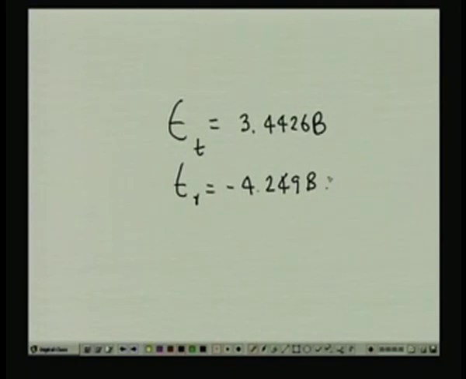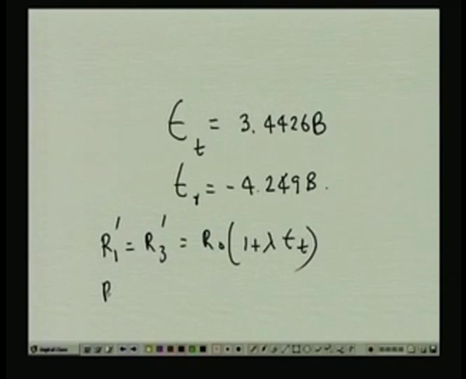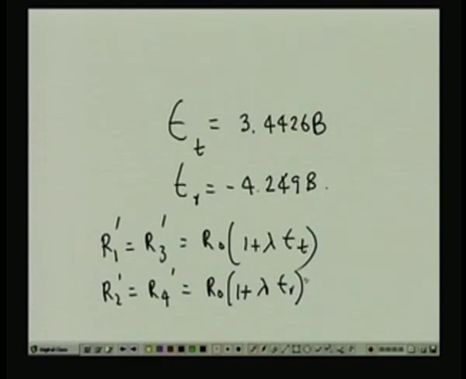Now, the gauge factor is equal to 2, and with the application of the pressure, I can say that the change of resistance R1 dash and R3 dash equal to R naught, the initial value of the resistance, 1 plus lambda epsilon T, and R2 dash, R4 dash equal to R naught 1 plus lambda into epsilon R, right.